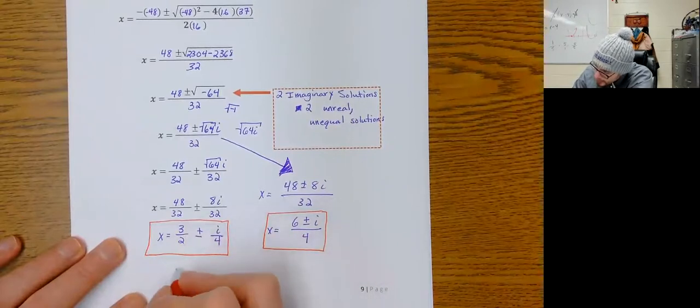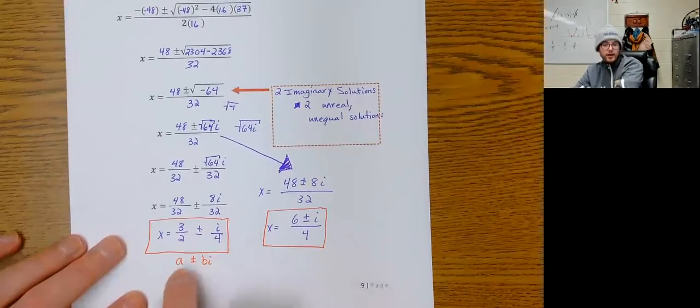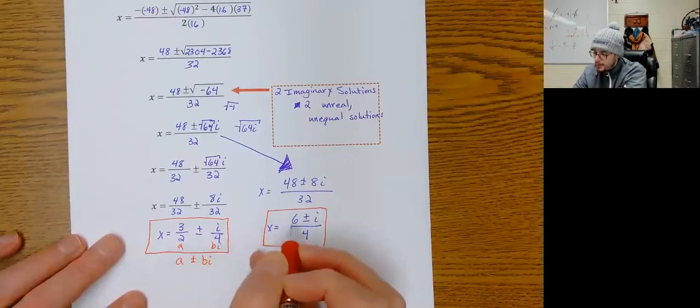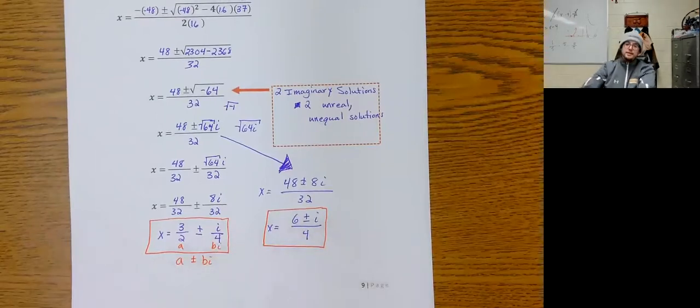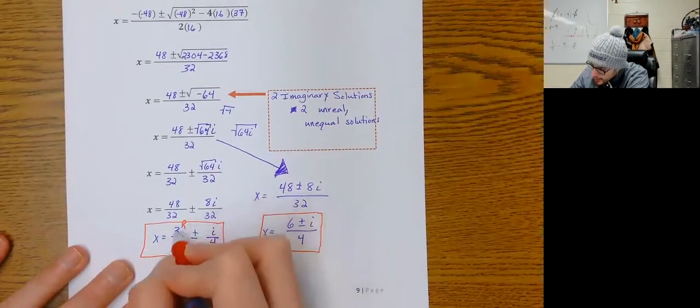This one is more in the realm of a plus or minus bi, because it's been separated out into this is a and this is bi. Whereas this has not been separated into its two separate parts, right? Because we have this number here is a real number, right?